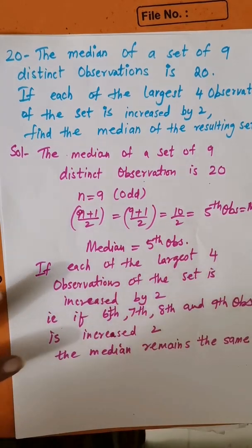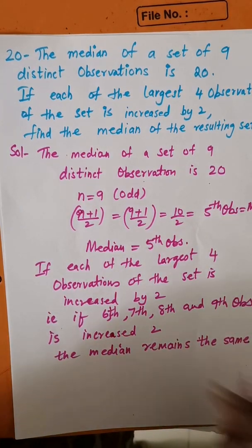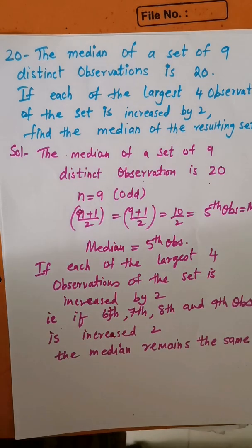If you increase the 6th, 7th, 8th and 9th observations by 2, then also the median will remain the same, as the median is the fifth observation.